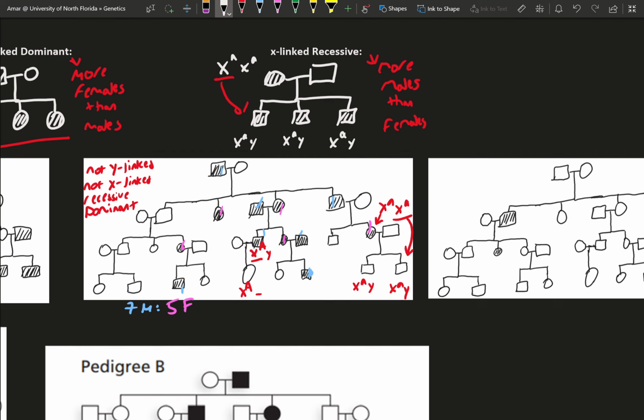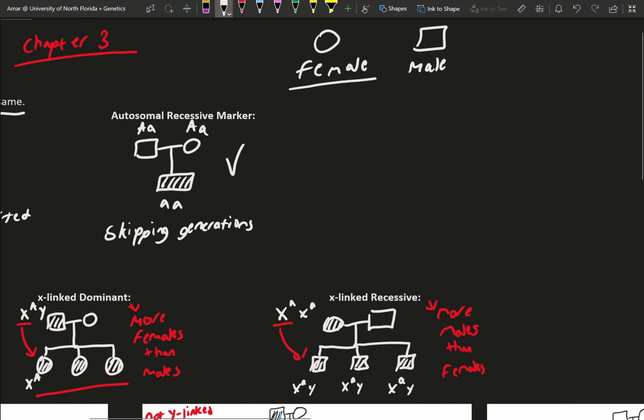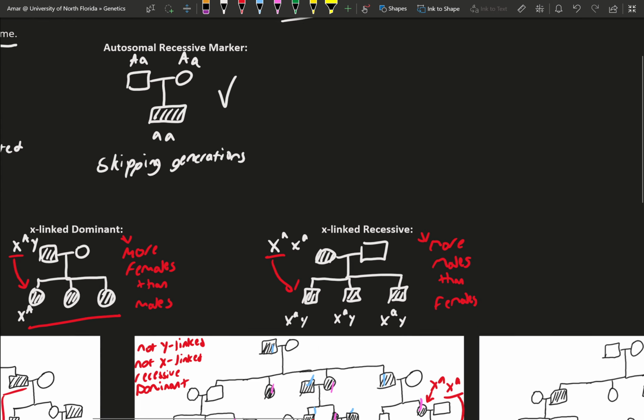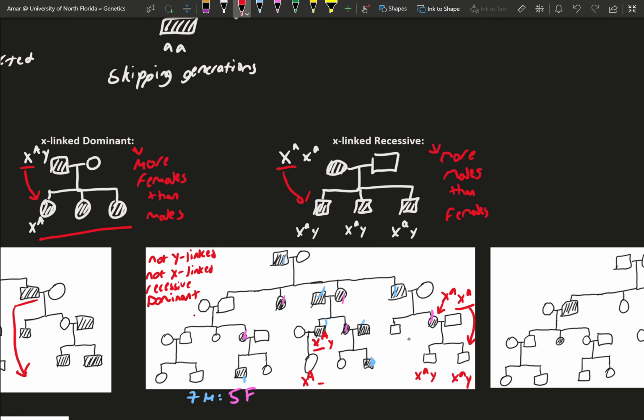So now we can figure out if it's autosomal dominant or autosomal recessive. Remember, what I want you to look for is a particular section where two individuals that are not highlighted give you an individual that is affected. That will prove that it's autosomal recessive. So you're going to look for something like this.